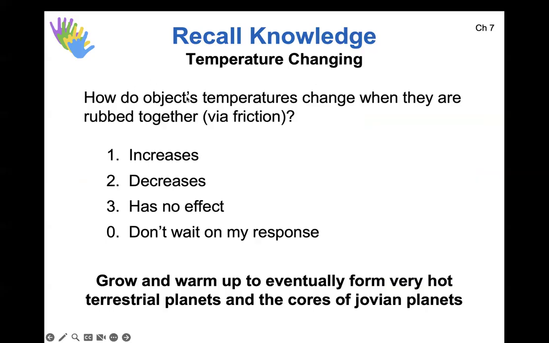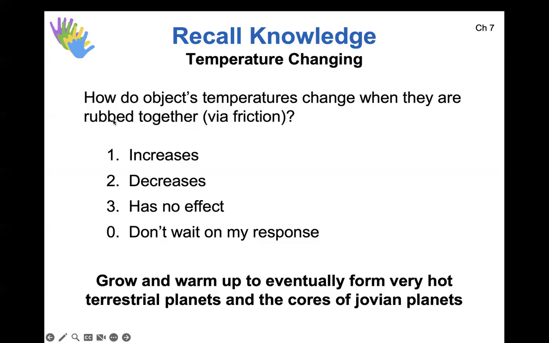And what's happening during this stage of the solar system, where all of these planetesimals are smashing together, is a huge amount of energy being released. And we're asked here, how does an object, or how do objects' temperatures change when they are rubbed together via friction?